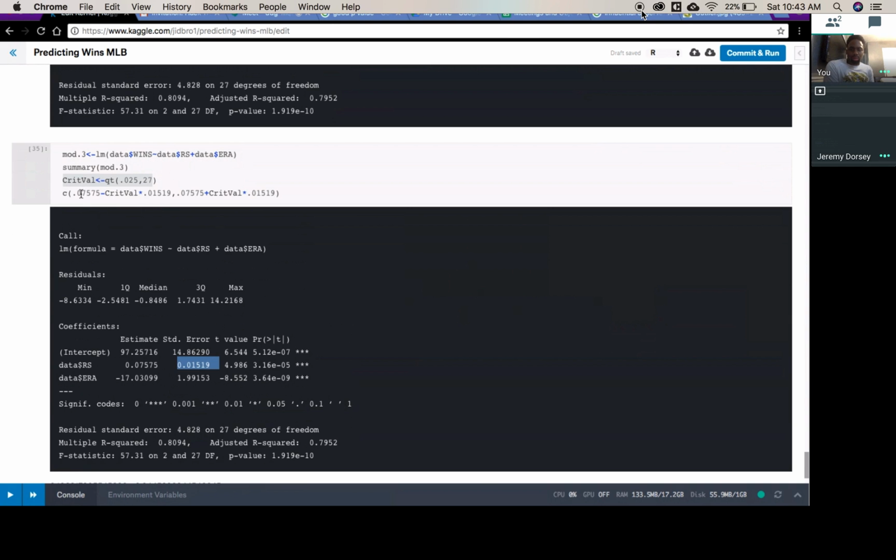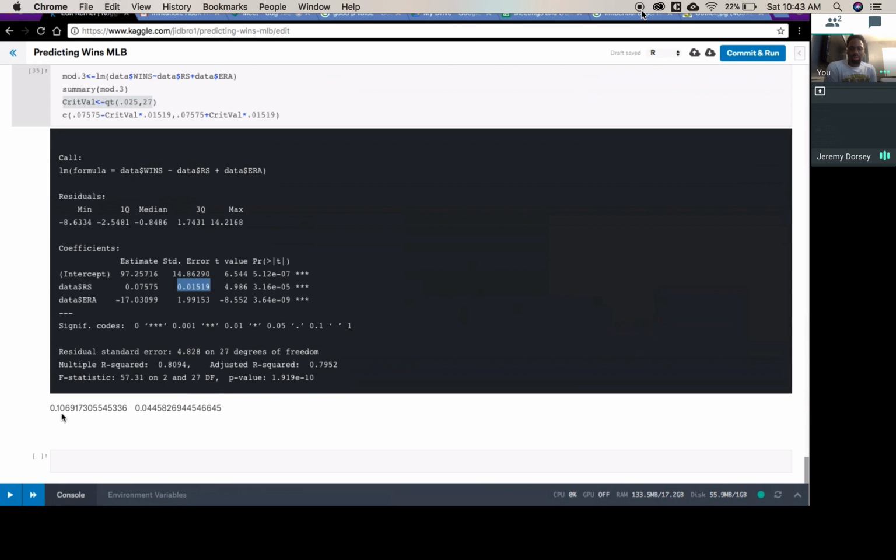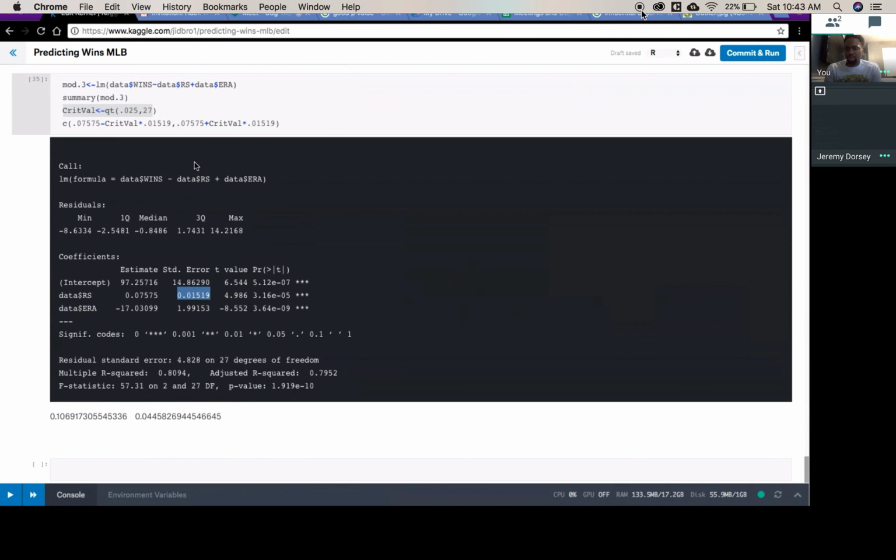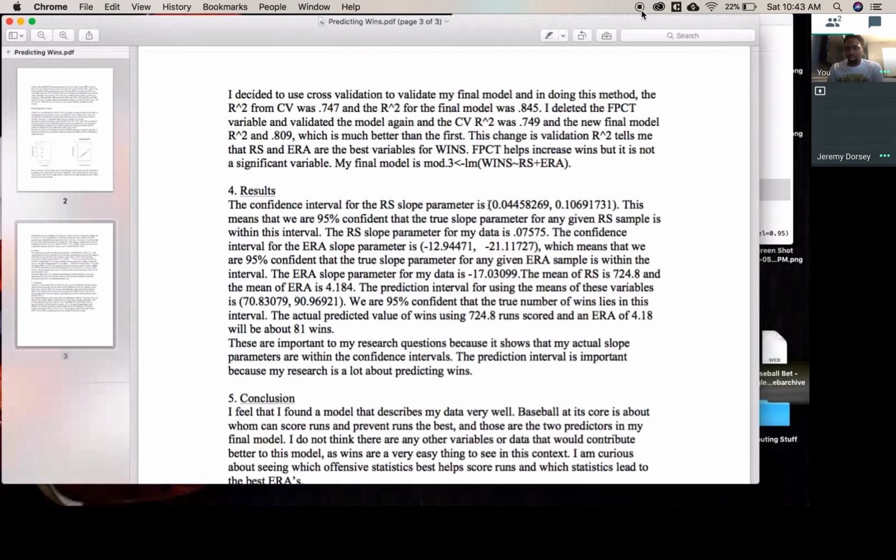So it's our estimate, which is 0.07575, minus the critical value times the standard error, which gives us this 0.106 on one side, and then the other side is 0.044. So just looking at my PDF, you see right here, this is our confidence interval.